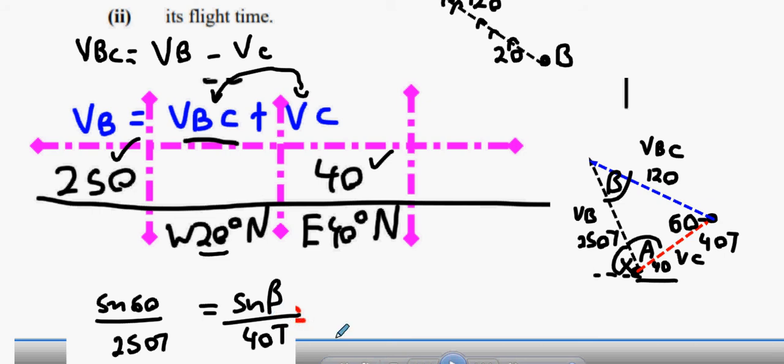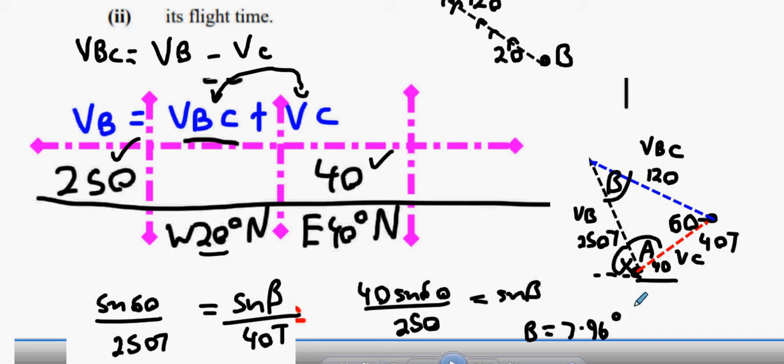The t's will cancel and we'll get 40 sine 60 over 250 equals sine B, and I should be able to calculate that. Please make sure you're in degrees for this one, and when you're doing differential equations you're in radians. We'll get to that later. So we shift sine inverse our answer and we get 7.96 degrees.